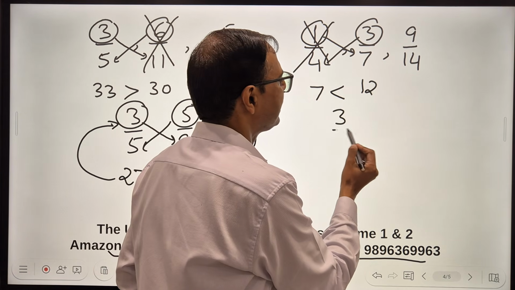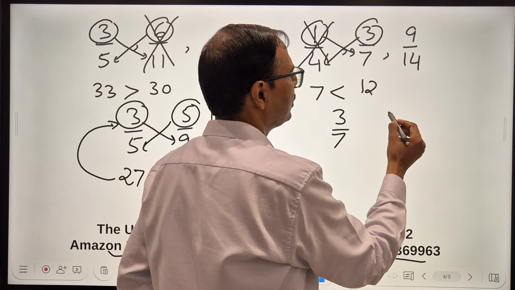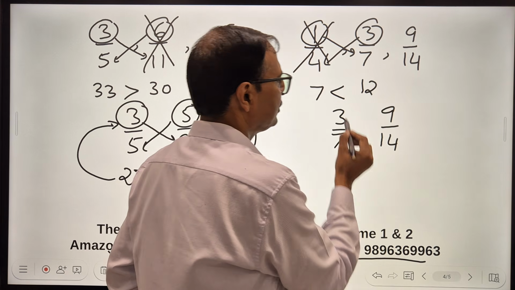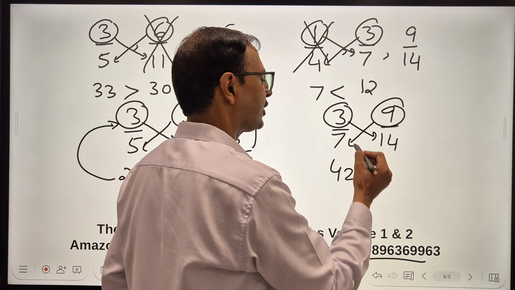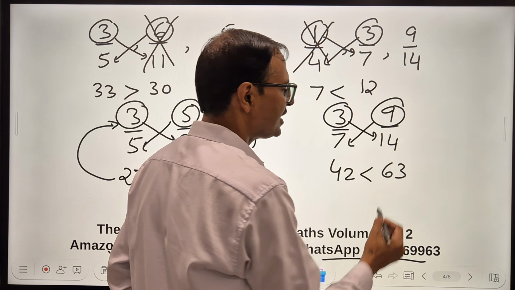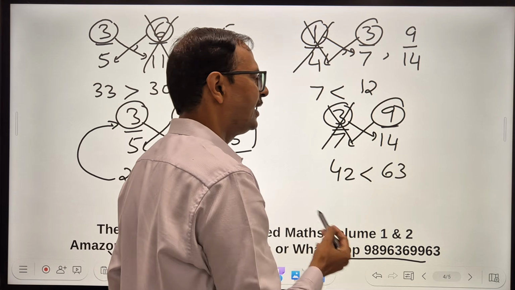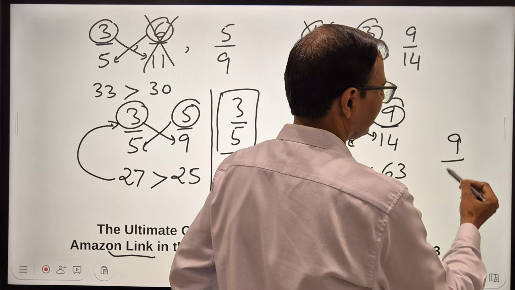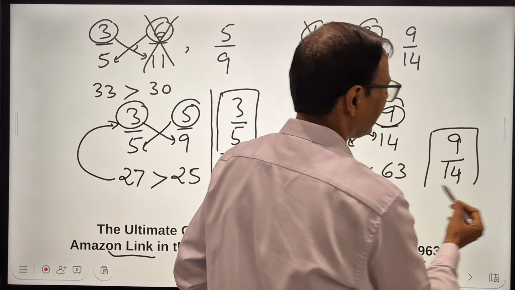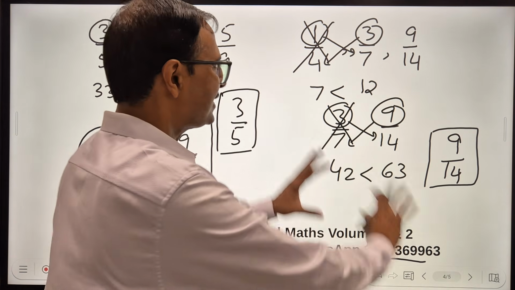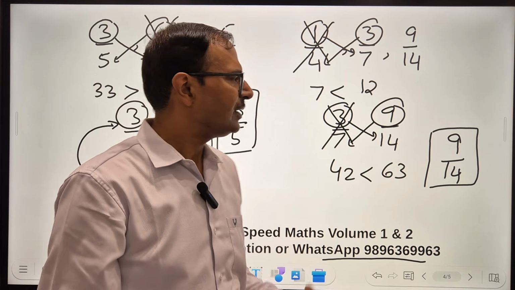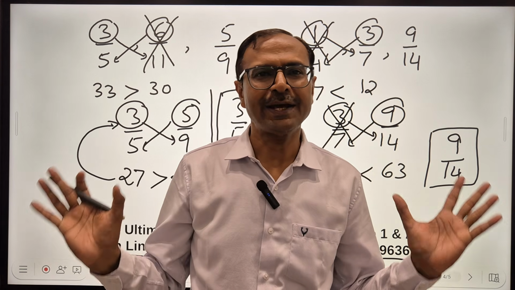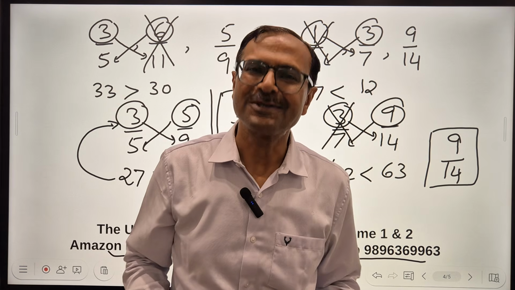Now I have to compare 3 by 7 and 9 by 14. 3 gives a product of 42. 9 gives a product of 63. 63 is greater, the smaller one is gone, and the champion is 9 upon 14. This is the largest fraction. See, all these steps which I am doing here are just for explaining the things to you. You don't need them actually. You can actually solve them mentally also.